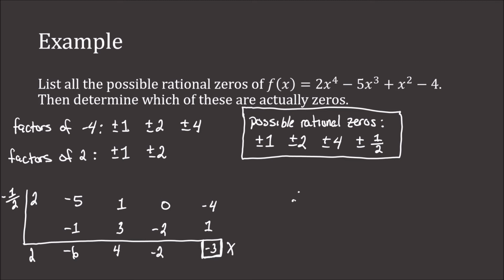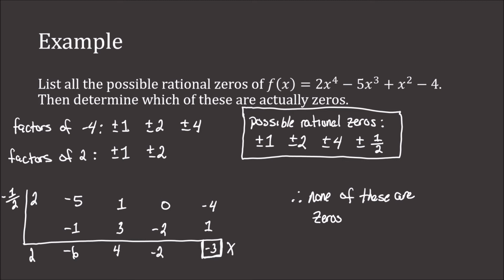Therefore, none of these are 0. Which means the polynomial doesn't have any rational zeros, which is not a violation, right?